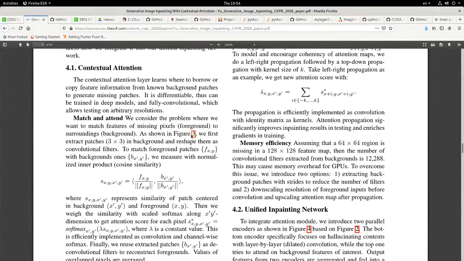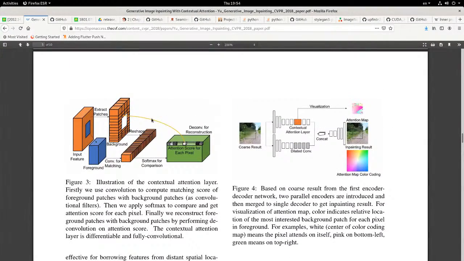Where is figure 4? They don't talk about figure 4 until later, it looks like. Okay. As shown in figure 3, we extract patches in the background, and reshape them as convolutional filters. What does that mean, reshape as convolutional filters?